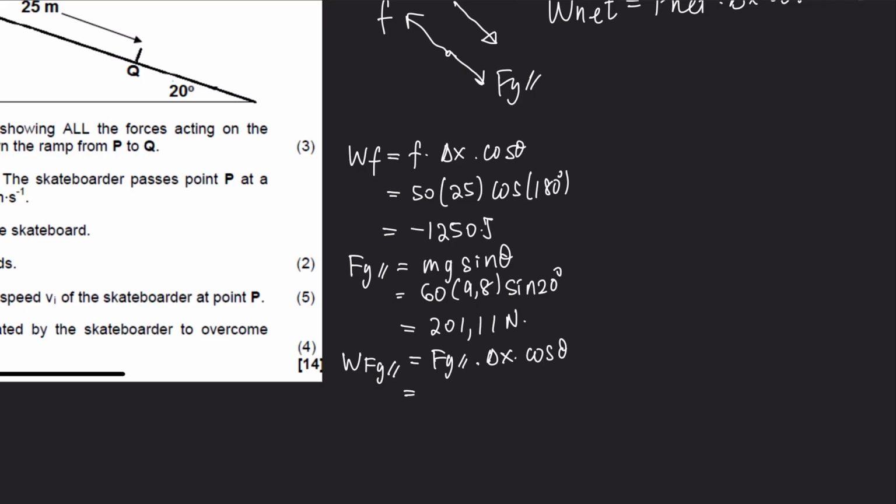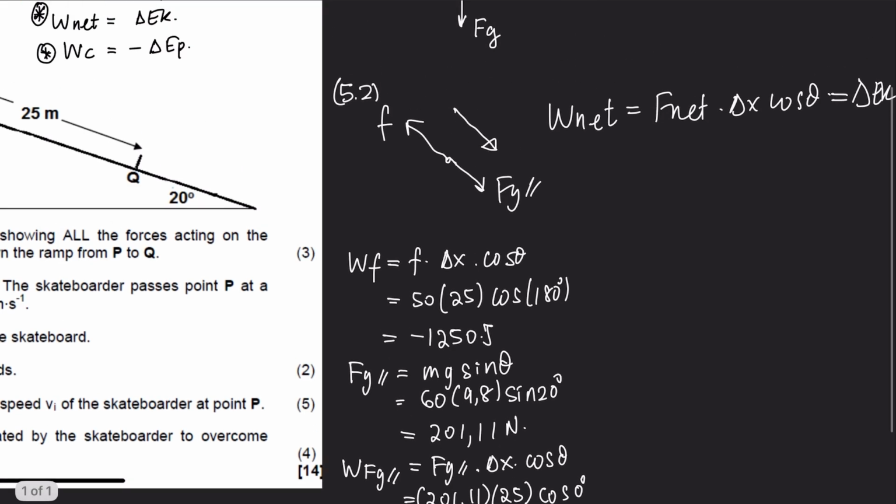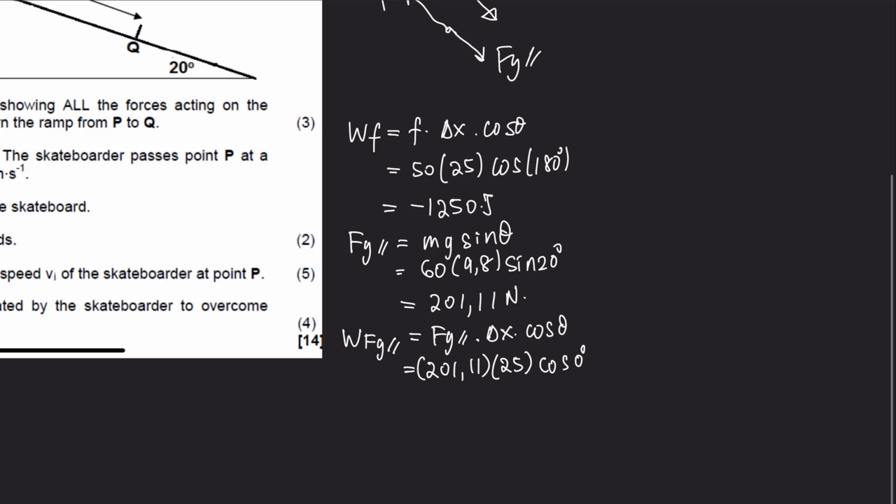FG parallel we worked out as 201,11 multiplied by 25, and this is going to be cos of 0 because FG parallel points down the slope and the delta x is down the slope. This will give us an answer of 5027,696 joules.